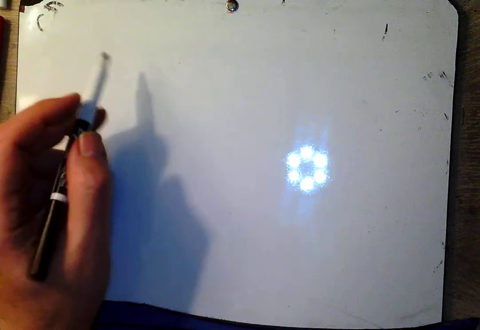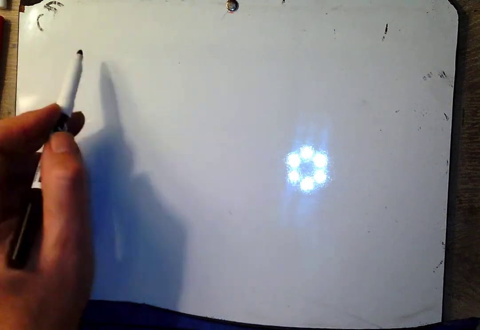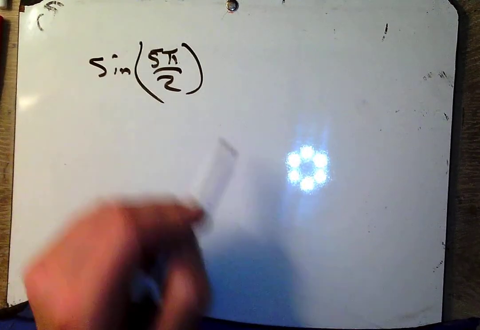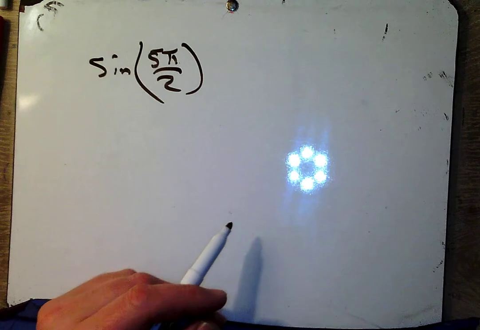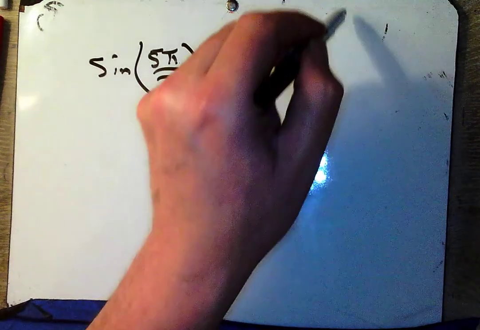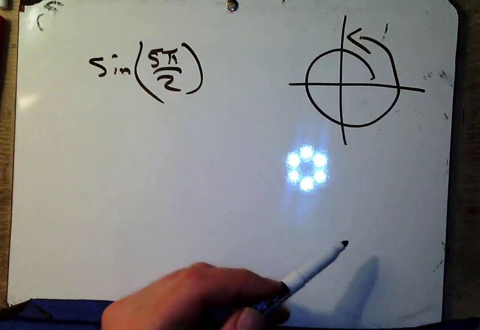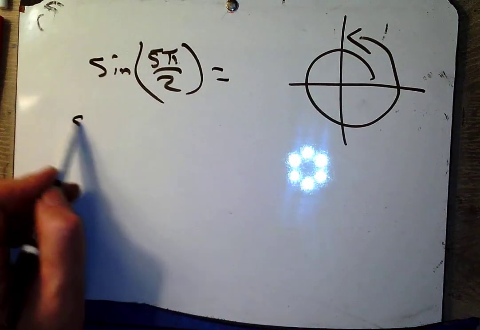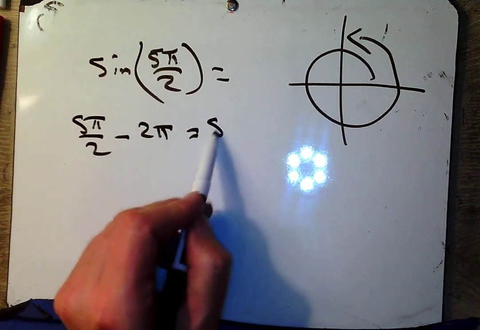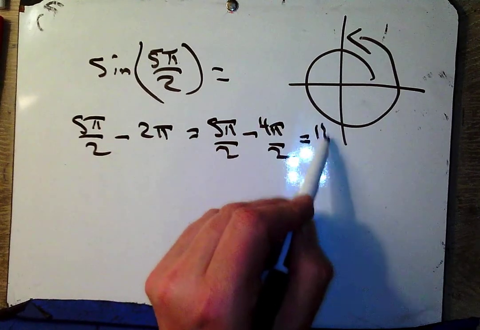All right, so let's see if we can get a little more practice with this so that we can be comfortable doing this quickly. So sine of 5 pi over 2. What do you get for the sine of 5 pi over 2? Yeah, so if I do 5 pi over 2 minus 2 pi, that's 5 pi over 2 minus 4 pi over 2, which is pi over 2.